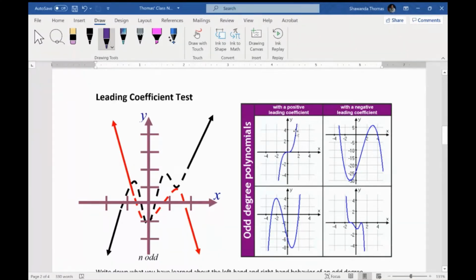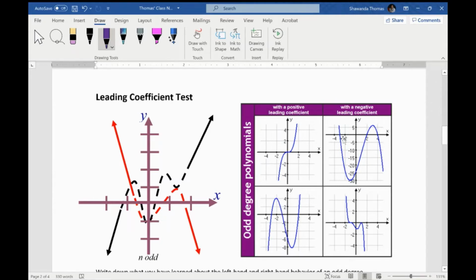It's going to rise on the right and fall on the left if we have a positive leading coefficient. Even below it, we know that this is odd degree because it looks like a cubic function. It may not be x to the third, but it's going to be an odd degree. And notice again, it rises on the right, but falls on the left.